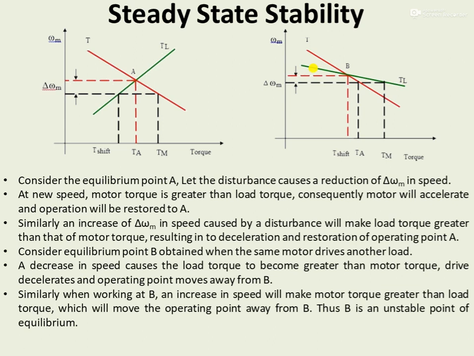This causes further acceleration, and the next operating point gets further shifted from the operating point B. Comparing the operation at equilibrium points A and B, at equilibrium point A the motor load system has the capability to restore back to the equilibrium point even under the effect of disturbances, whereas at equilibrium point B the motor load system does not have the ability to restore to this point under the effect of disturbances.